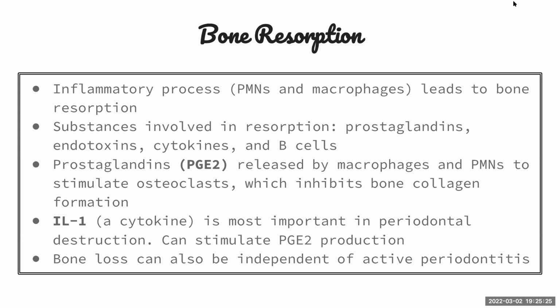So prostaglandins, okay, are released. They stimulate osteoclasts. Interleukin-1 is a cytokine, and it's most important in periodontal disease destruction. You can stimulate prostaglandin E2 production with that interleukin-1, and bone loss can also be independent of active periodontitis.